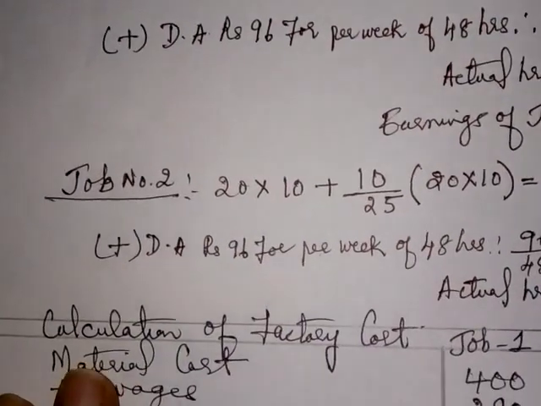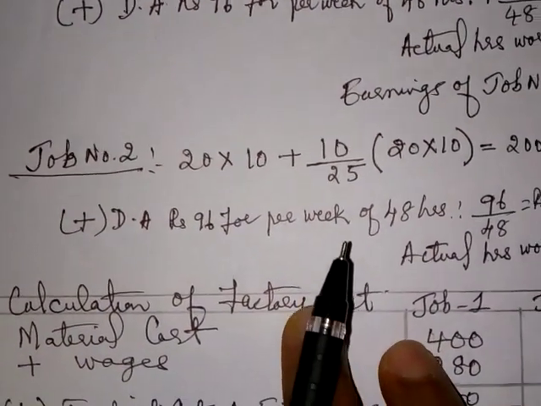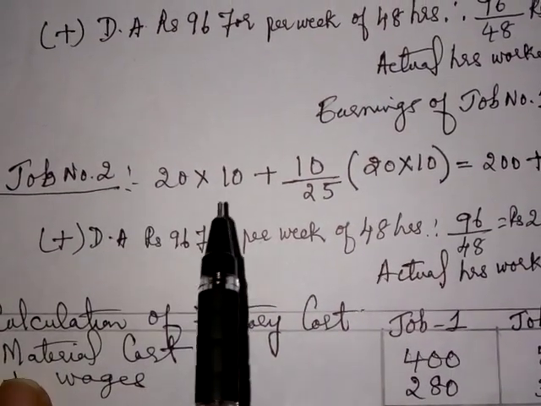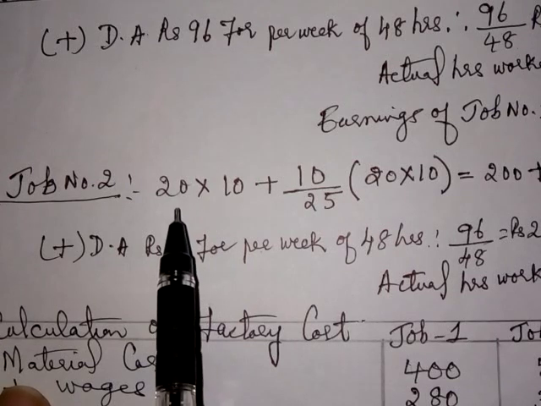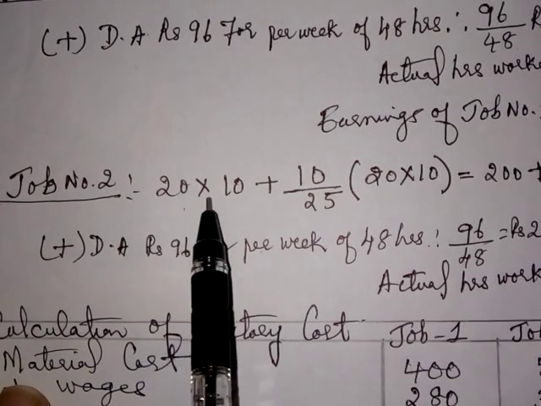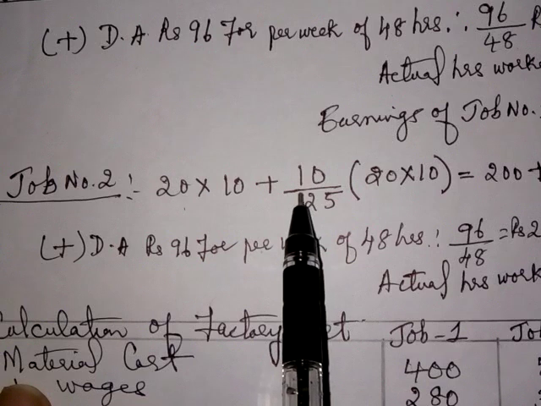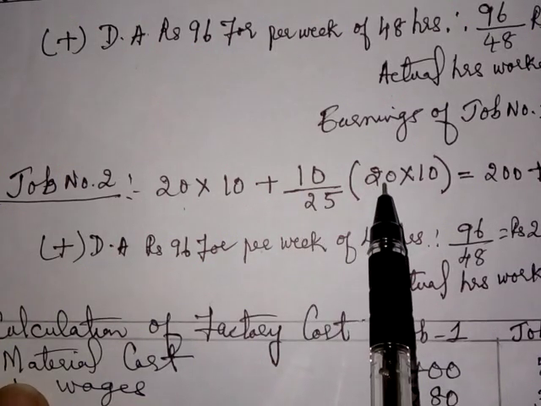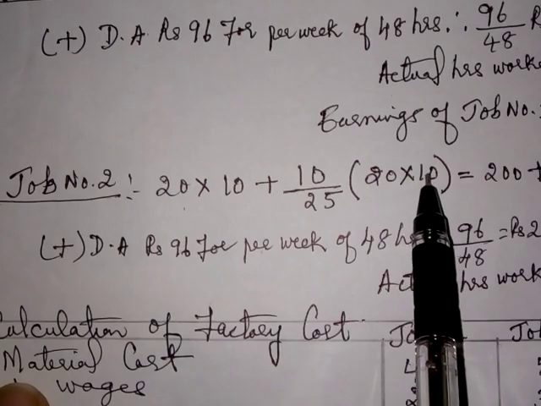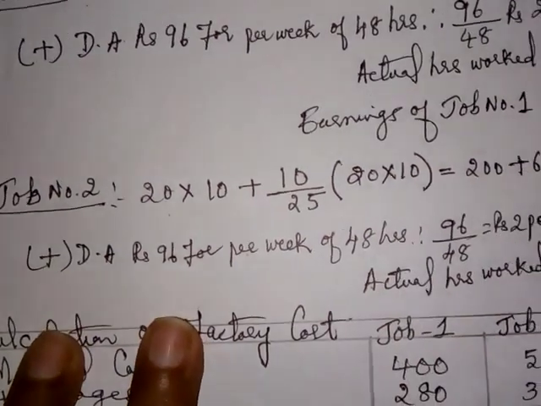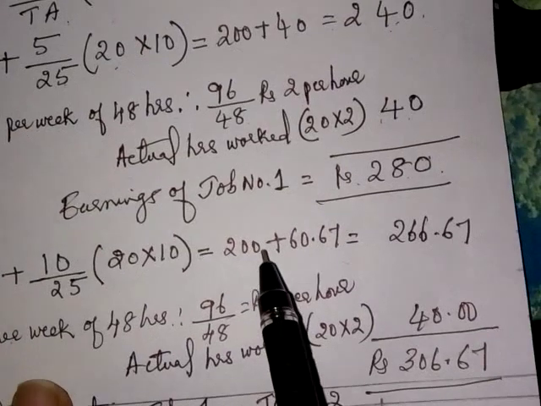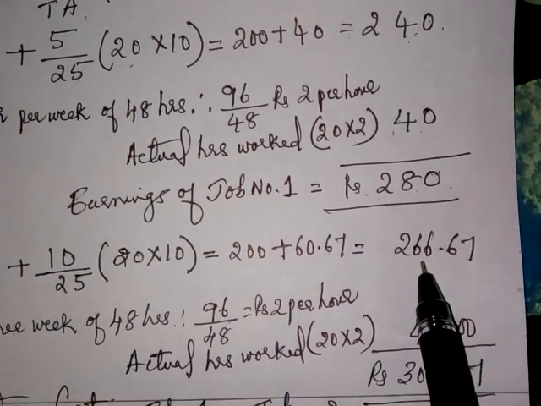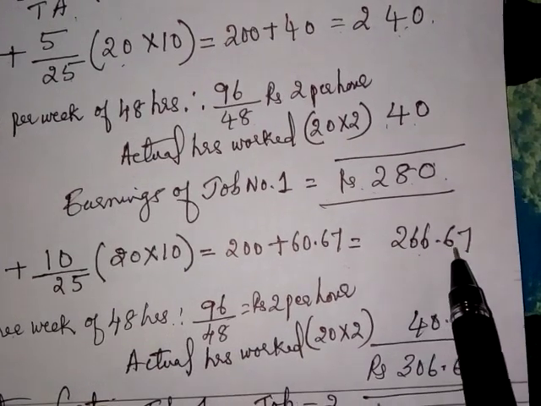Next we calculate the earnings of job number 2. Here in case of job number 2, we follow the same formula. Hours worked is 20 into rate per hour 10, and time saved 10 by time allowed 30 into hours worked 20 into rate per hour 10. The calculation is 200 plus 66.67, and the total earnings comes to 266.67.